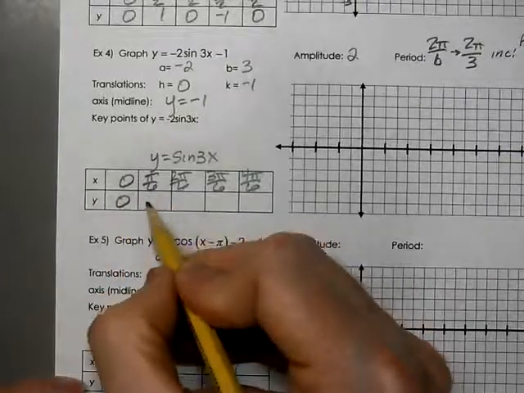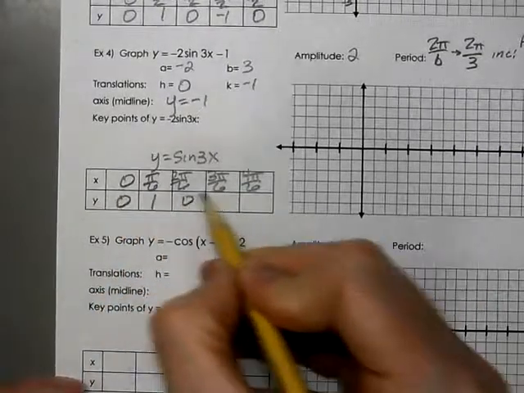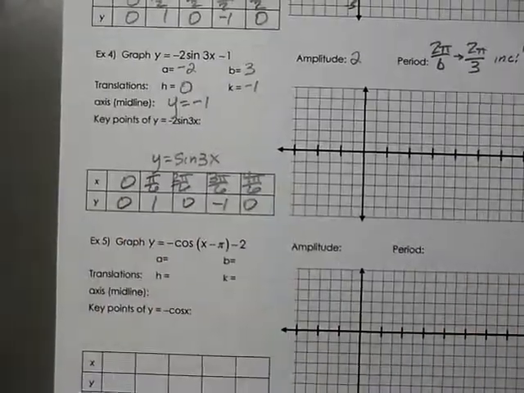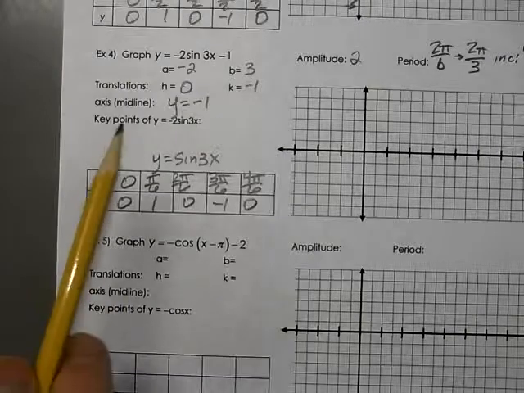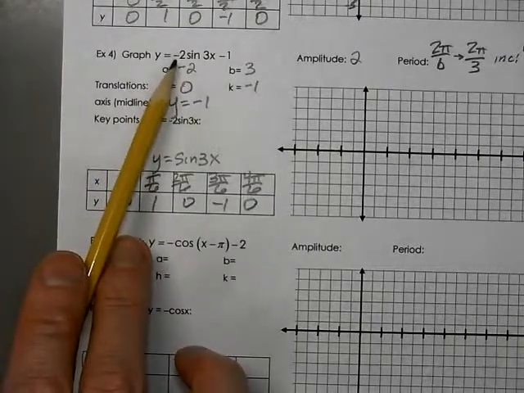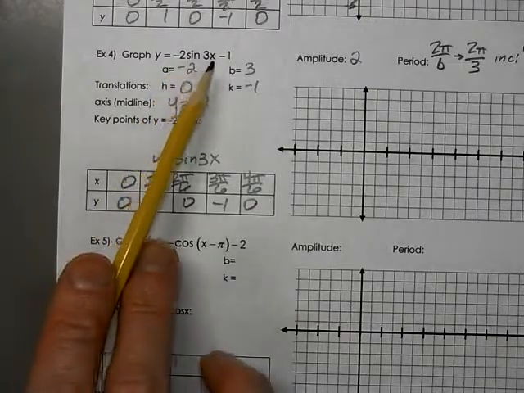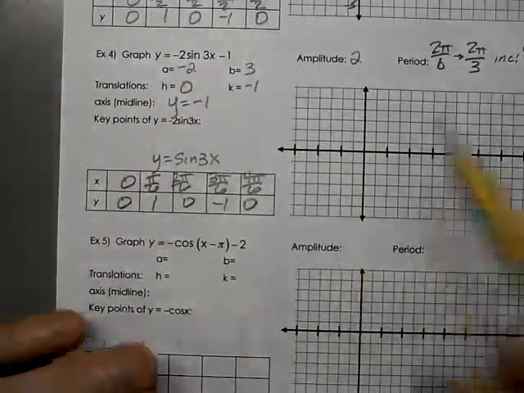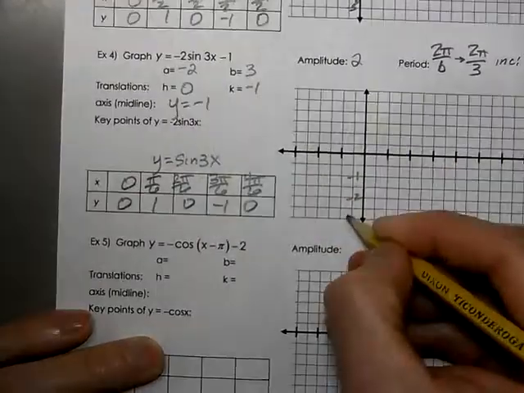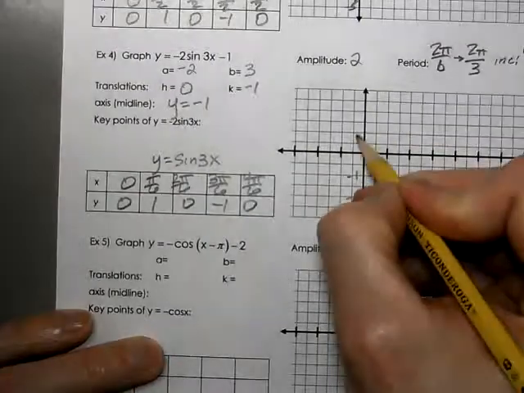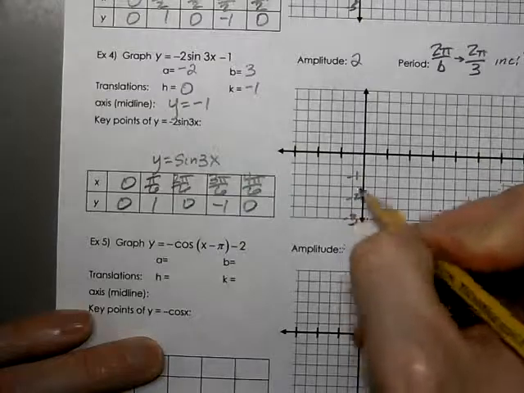Sine graph typically would go 0, 1, 0, negative 1, 0. So here we have an A value of negative 2, and then we're going to translate one more. So it looks like to me that we'll be able to handle a different scale, go down to 3, working by 2's.